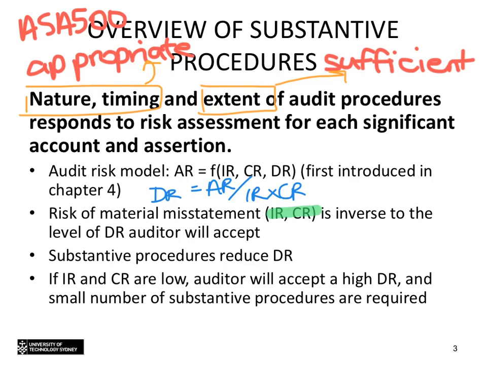So inherent and control risk move in an inverse direction to detection risk. So they move in opposite directions. And when I execute substantive procedures, they reduce my detection risk. And remember, my detection risk is the risk of not detecting a material misstatement.